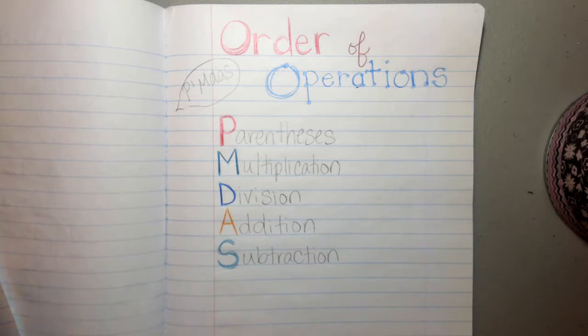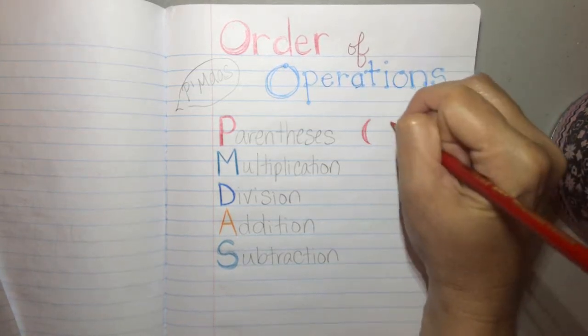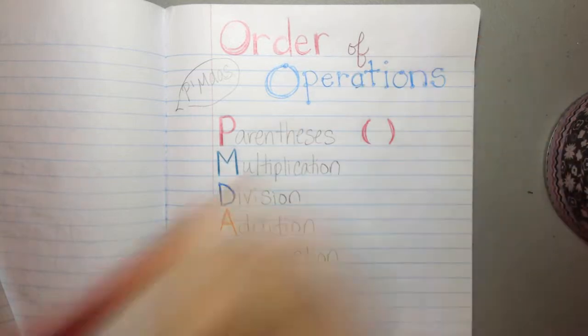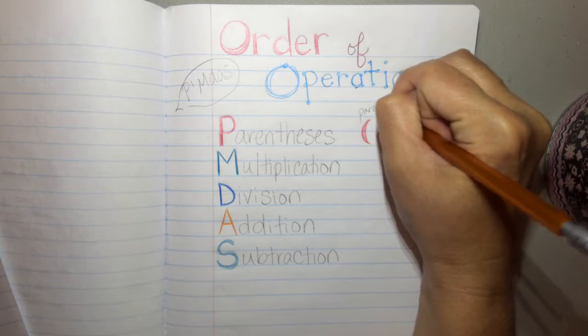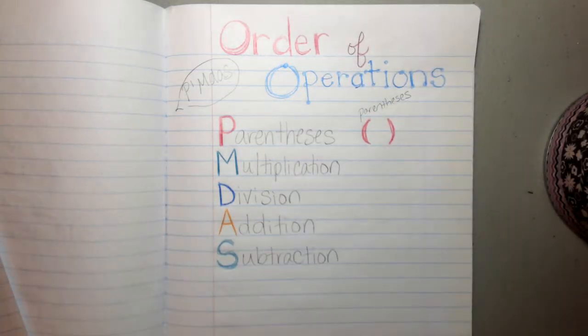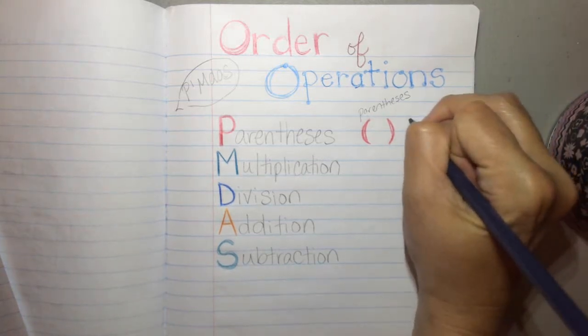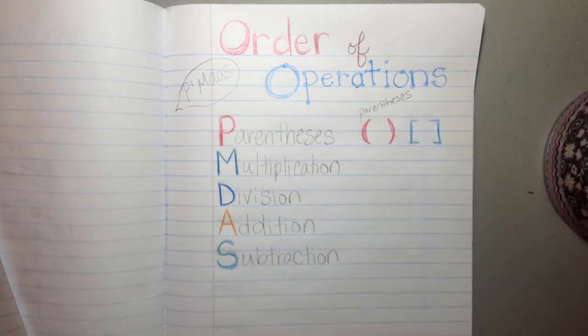So what does that mean? It's telling you that when you are solving longer, more complex number sentences that involve multiplication and addition and division and subtraction, there's an order you follow. The parentheses are the things that look like this. There are some other things very similar to parentheses, called brackets.